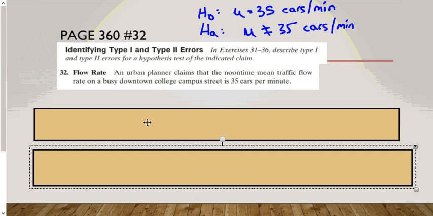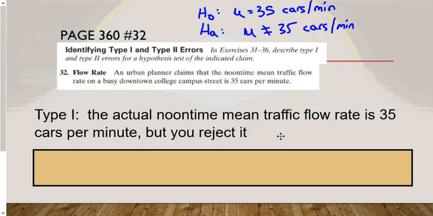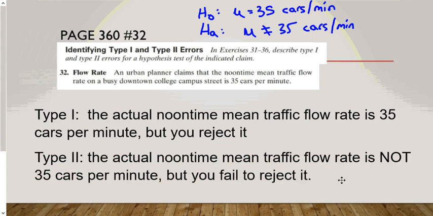That's what a type 1 error is. A type 2 is when you fail to reject, when you don't have enough evidence. That is essentially whenever the noontime traffic rate is not 35 cars per minute, but you didn't reject it. Your evidence didn't say, hey, we have to reject this. That's what a type 2 error would be in this scenario.